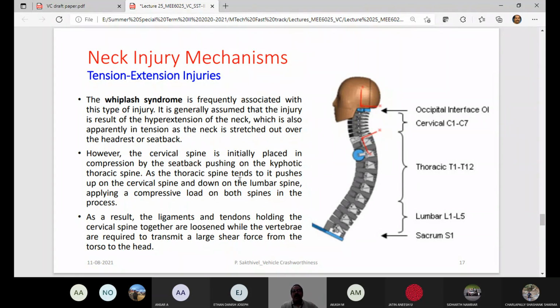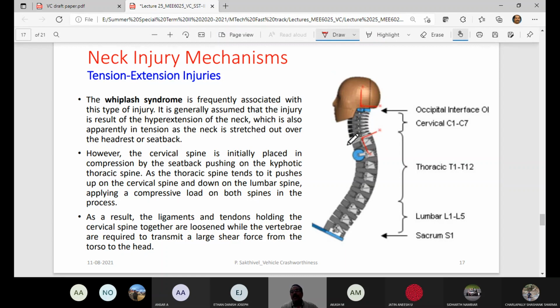As the thoracic spine straightens, it pushes up the cervical spine. You see the thoracic spine is kind of an arch now. So if this becomes straight, what will happen? This portion would compress this cervical portion, as this portion will compress this lumbar portion.